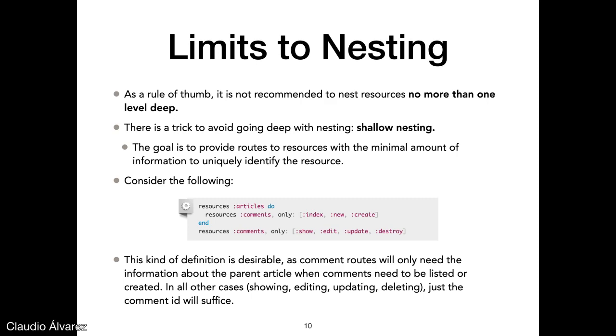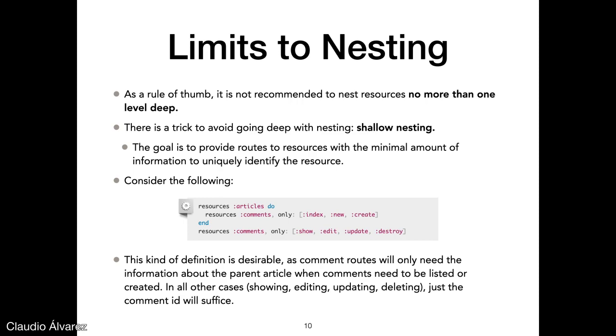As it says in this slide, the goal is to provide routes to resources with the minimal amount of information to uniquely identify the resource. So we see an example here. We see articles, and the articles have comments nested inside, but only for the index, the new, and the create routes. And why is that? Because you possibly have, for instance, a blog, right?